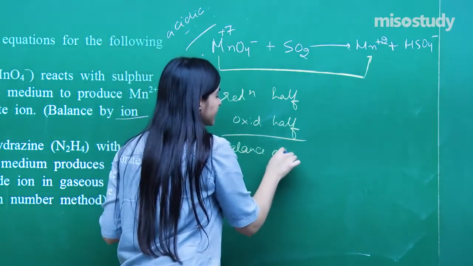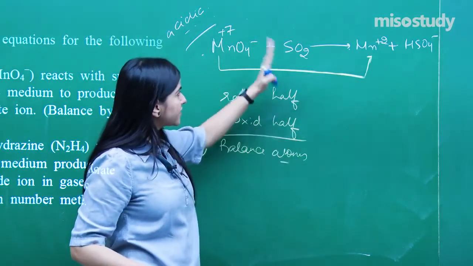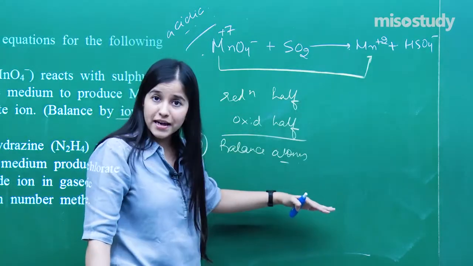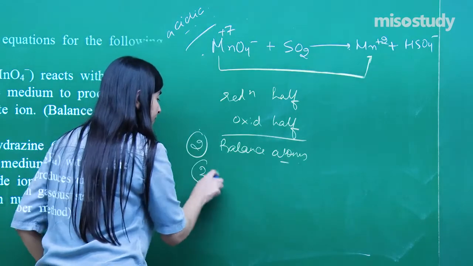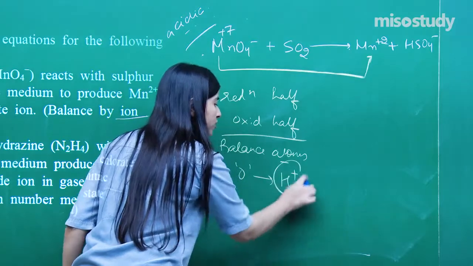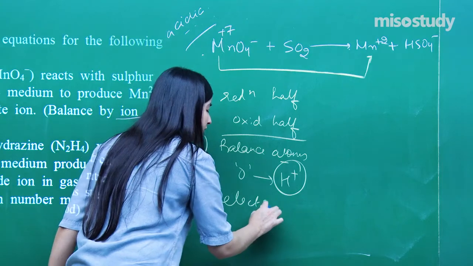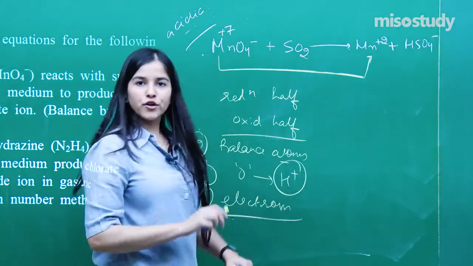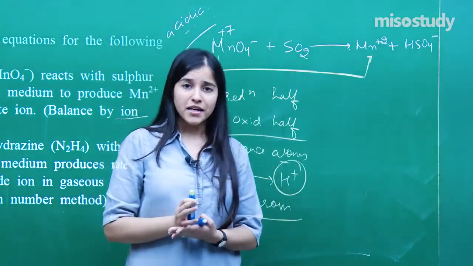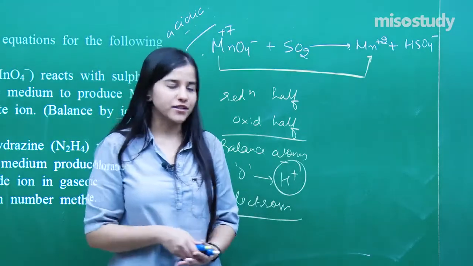Write both of the things separately, oxidation and reduction half, and balance the atoms. After that, balance the oxygens, then balance the hydrogens via H positives. And finally, the fourth point, balance the electrons and you will be done, right? We are not going to solve it anyway because we have done ample examples in the class. If you have any confusion, you can reach out to me. It's a very simple reaction actually, right?